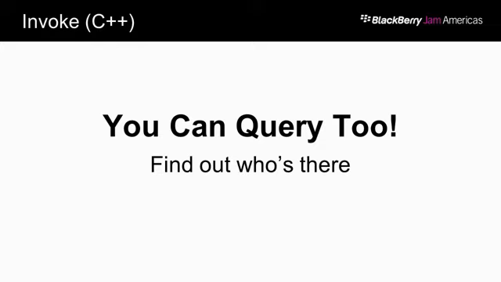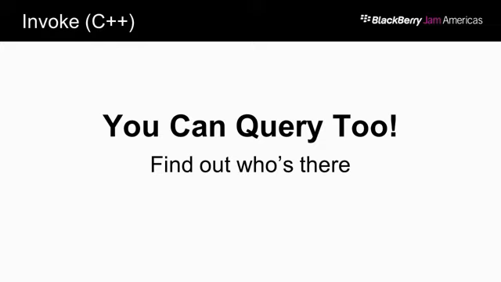Now, the other thing you can do is query the framework without invoking anybody. This is super useful, as Larry mentioned, if you want to just see what's there. Sometimes there are cases where you want to see which applications are available for my request and which ones I want to invoke.